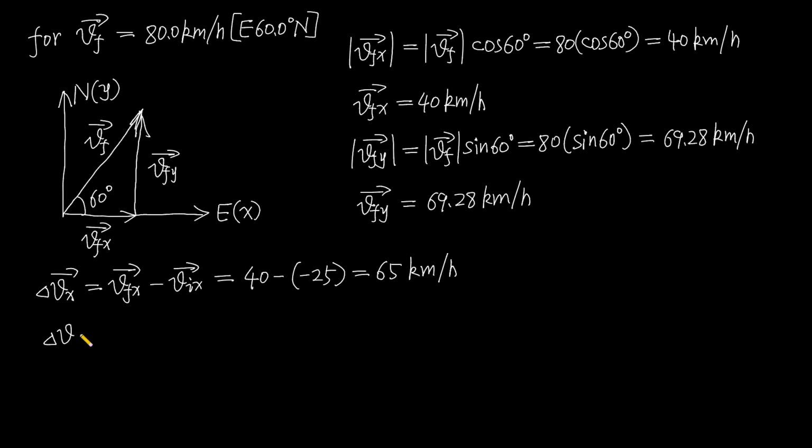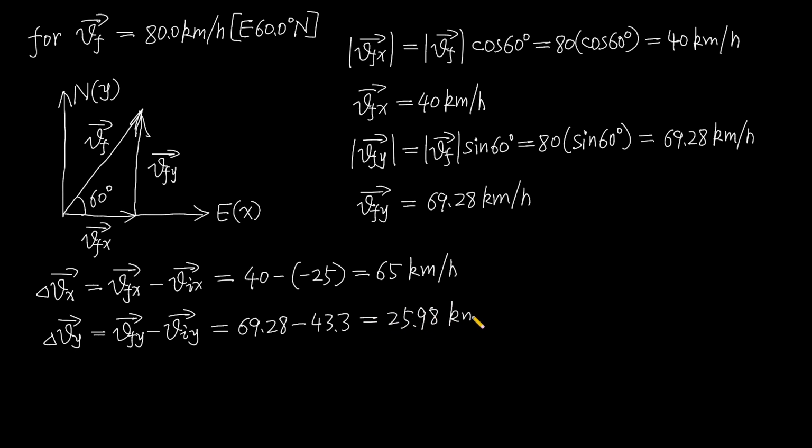Now the velocity change for y direction just equals the final velocity y minus the initial velocity y, and this equals 69.28 minus 43.3 equals 25.98 kilometers per hour.